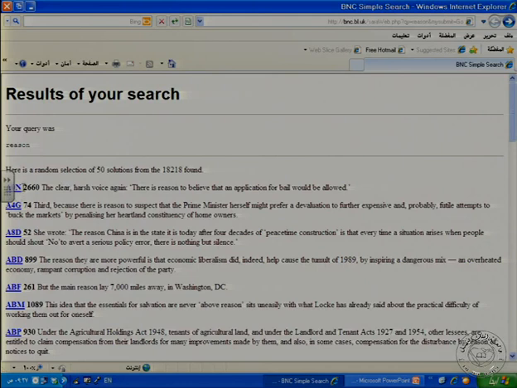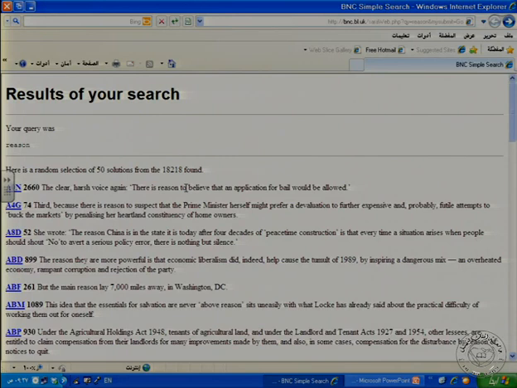So this is a sentence, and also this is a sentence, this is a sentence, and so on. Here is a random selection of 50 solutions from the 18,218 found from the corpus.